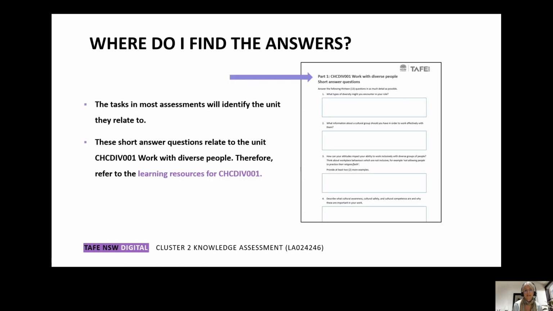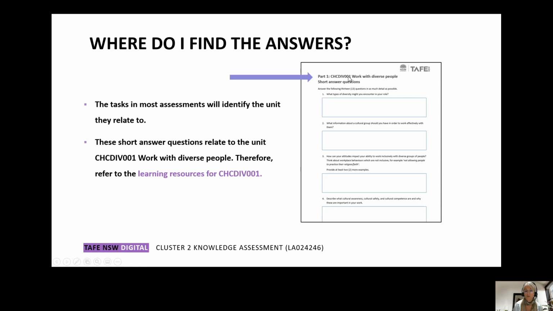Where do you find the answers? It's a really good question. The tasks in most assessments will identify the unit they relate to, and you can see this right here. This is at the start of your assessment, and right above question 1, it says CHCDIV001, work with diverse people.